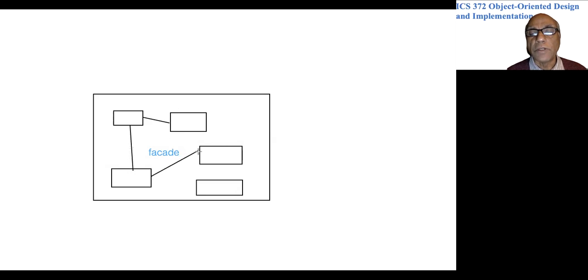I'm drawing some arbitrary links here. So just like any object-oriented system, they communicate and they achieve certain functionality. And these components together provide some functionality, but individually also they provide some functionality.